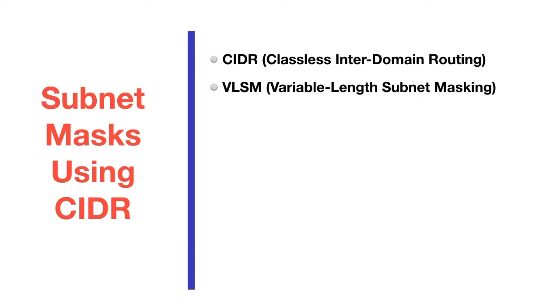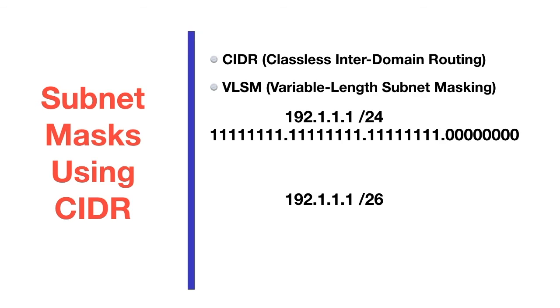For example, instead of masking the default 24 bits on a Class C network, we could mask 26 bits. This will change the CIDR address and mask notation from this to this. Therefore, the binary representation of the subnet mask would change from this to this.